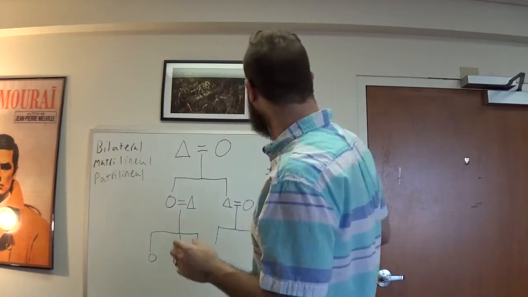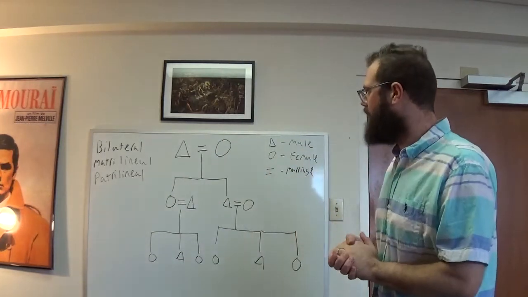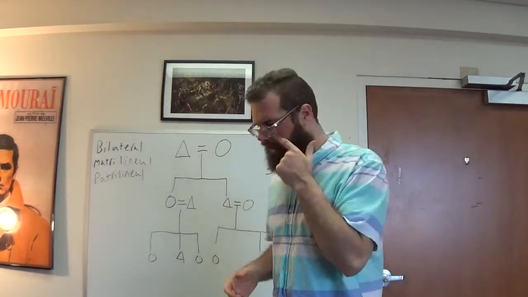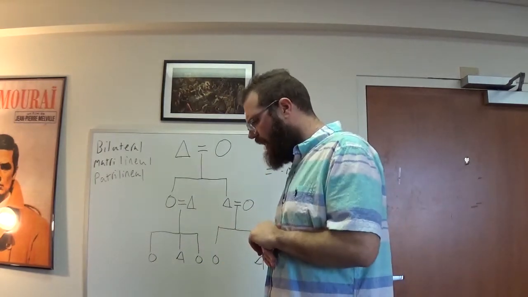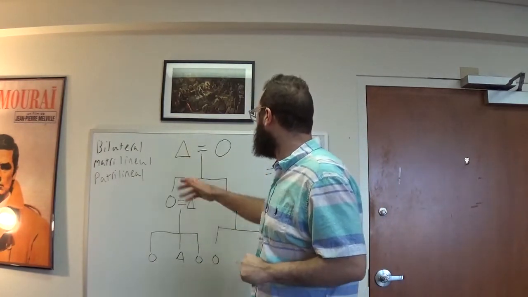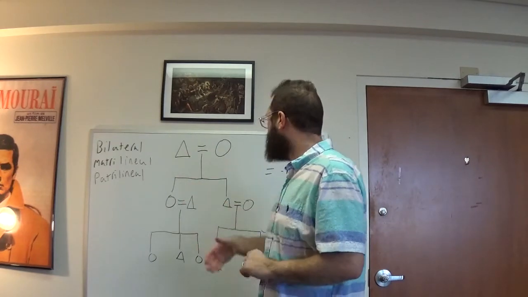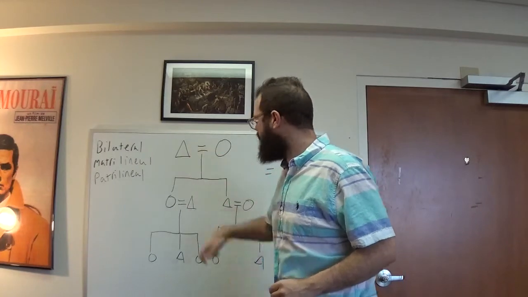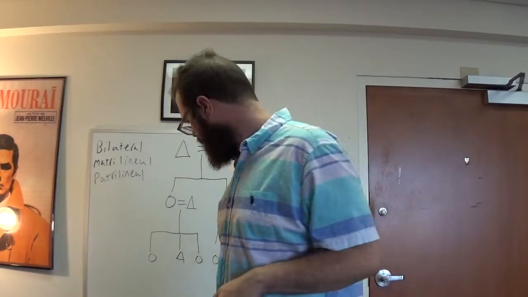Behind me I have a graph of families. This sort of graph is often used by anthropologists. The triangle is male, the circle indicates female, and the equal sign means marriage.